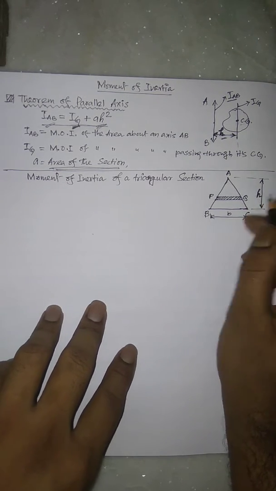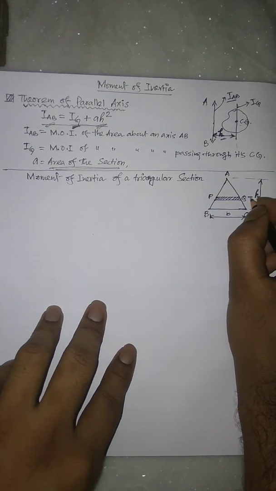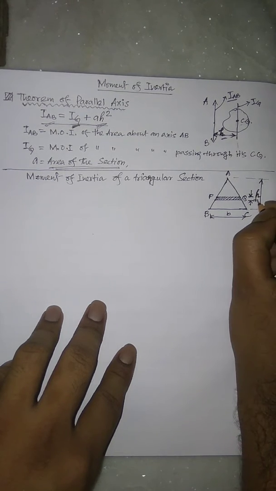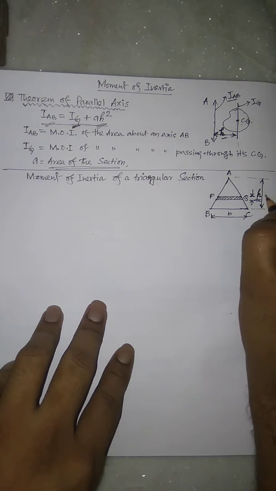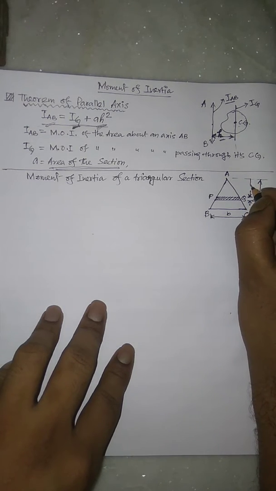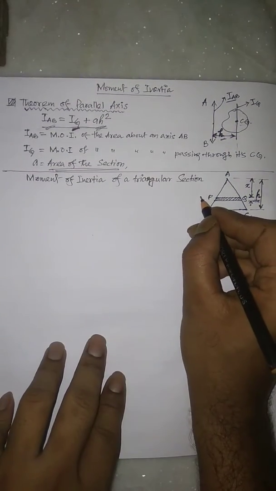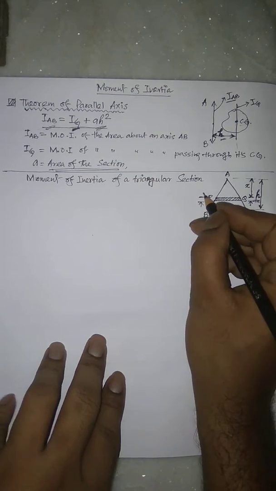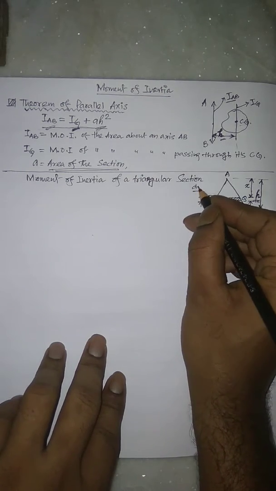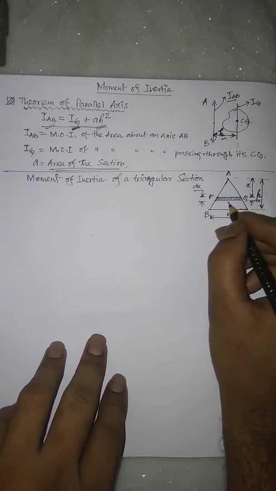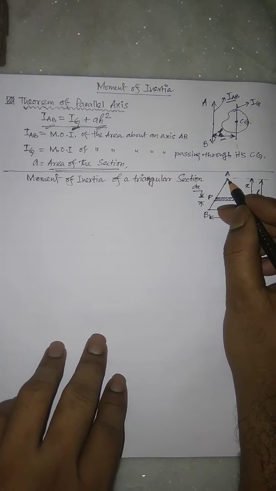This elementary strip has a thickness dx, and it is at a distance x from its apex.